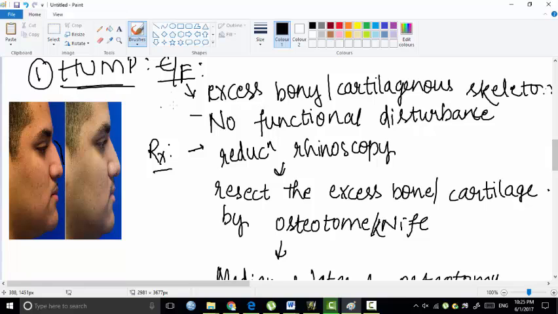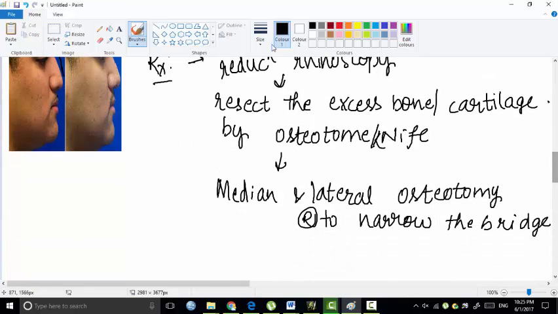Here this hump is seen like this, or if you wanted to see the typical hump, it should be something like this, right? So this hump which is seen generally doesn't produce any symptoms, so it can be left that way, but as it may cause some cosmetic problems, it can be reduced by reduction rhinoplasty.